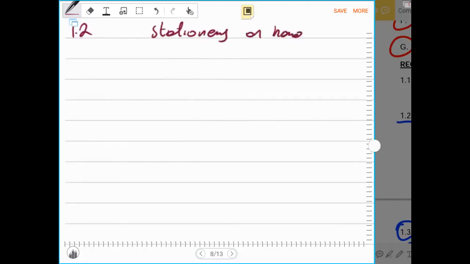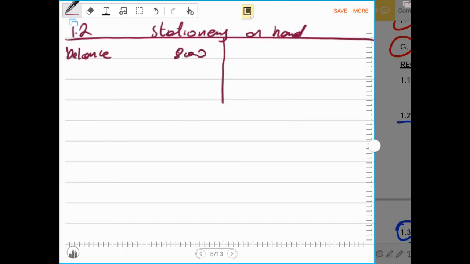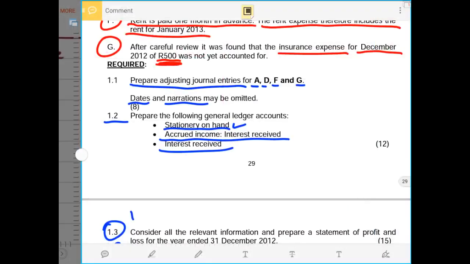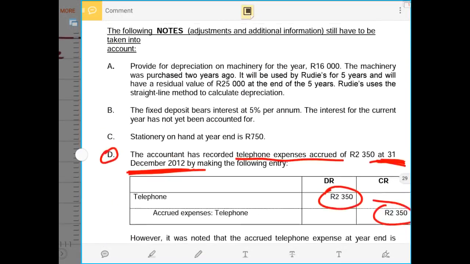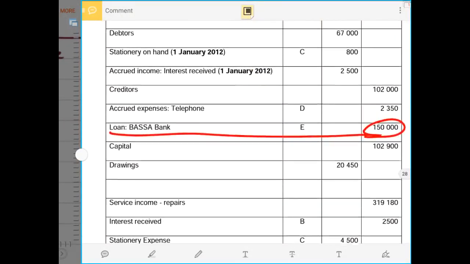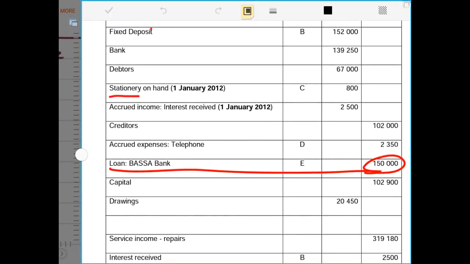Our stationery on hand had an opening balance, and an opening balance is a debit balance for the stationery. And that opening balance was an amount of 800. And the 800 was in the trial balance, remember.